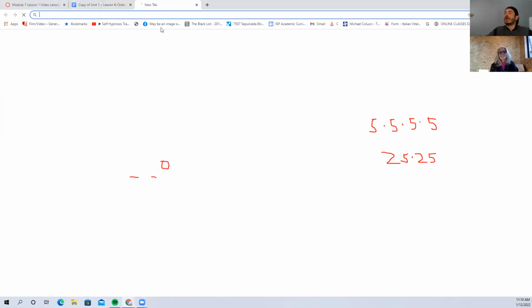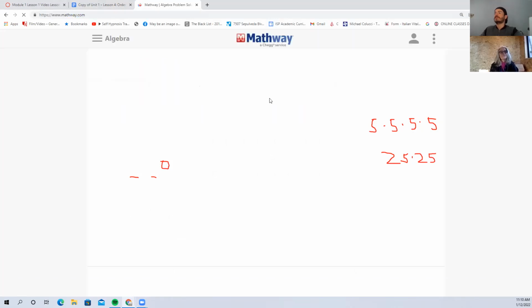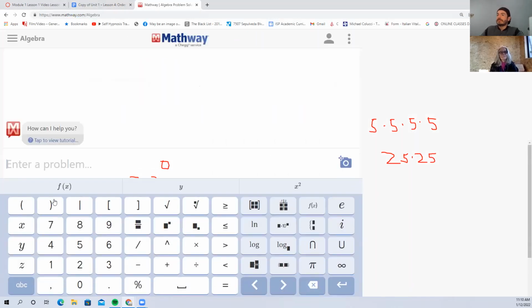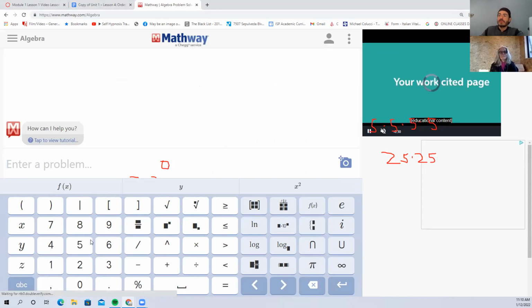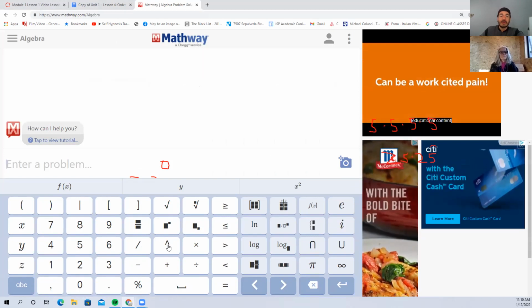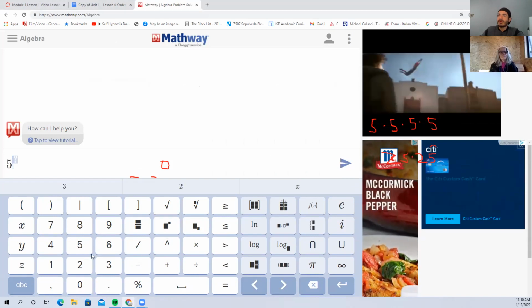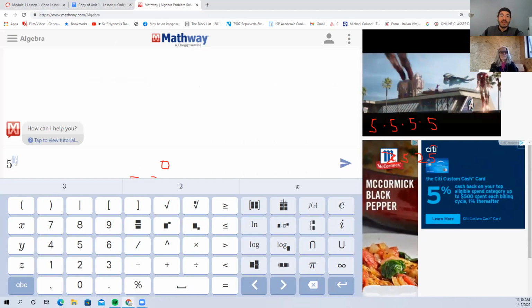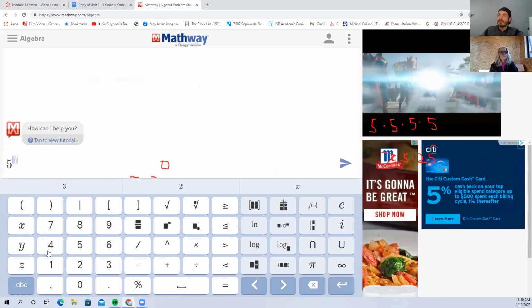So without any fear at all, I'm going to pull up my Mathway calculator here. And I'm going to actually practice using exponents. So instead of doing 25 times 25, I'm going to use that caret symbol that we talked about earlier in order to do this calculation. You see how I hit the caret and it made the superscript for me.